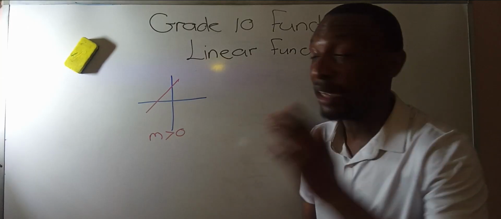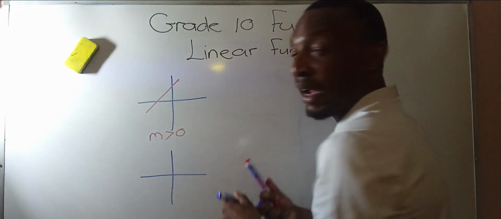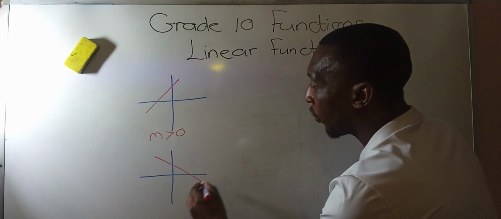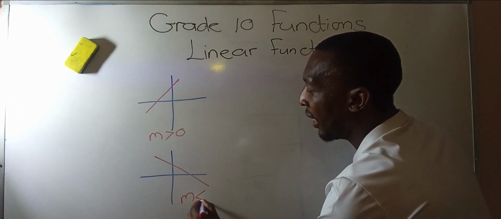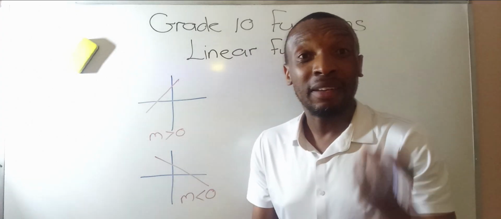Okay, bear that in mind. If my line is leaning this way, my gradient will always be negative. I'll always get a negative answer for the gradient, a negative number.